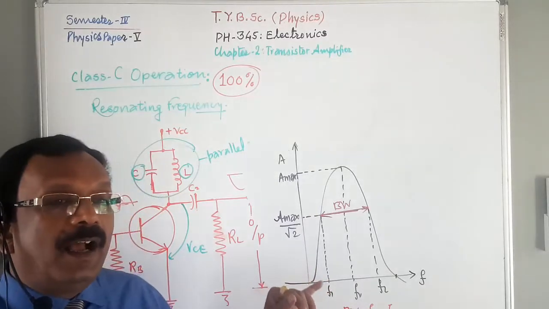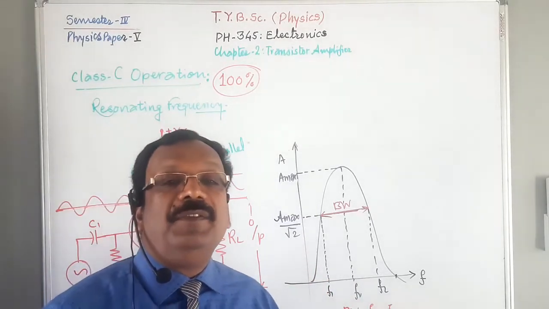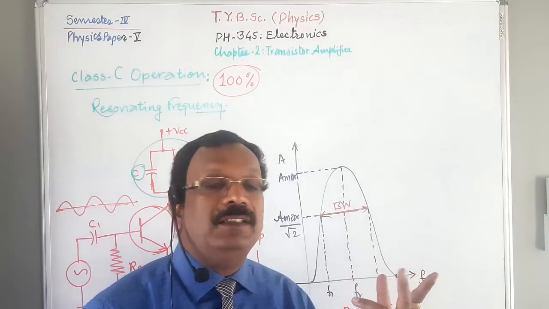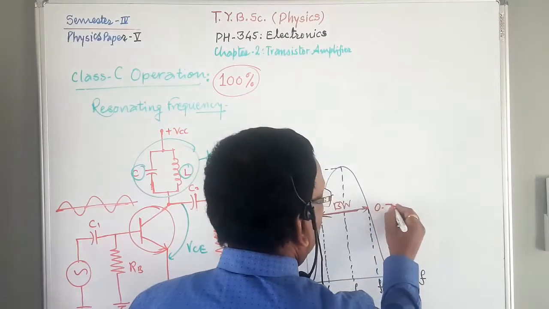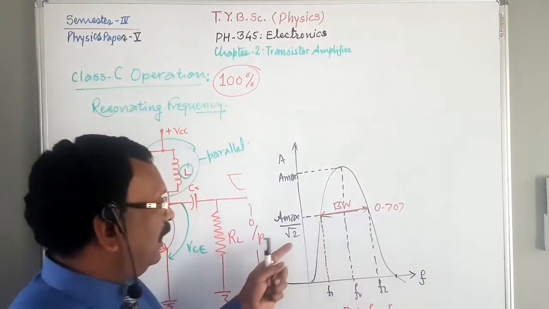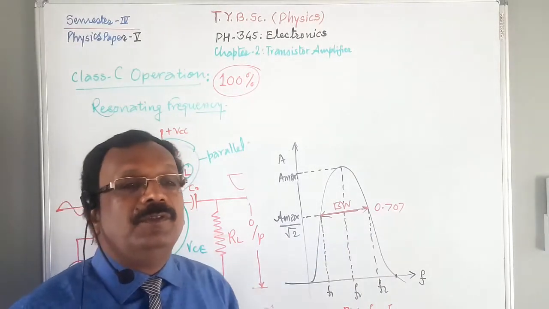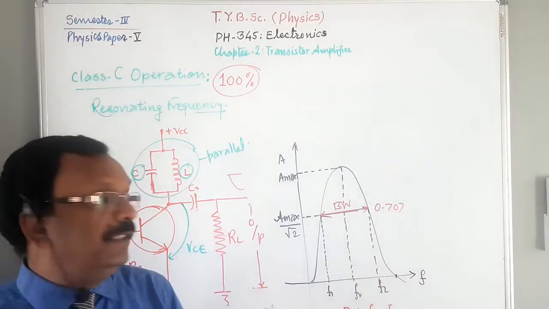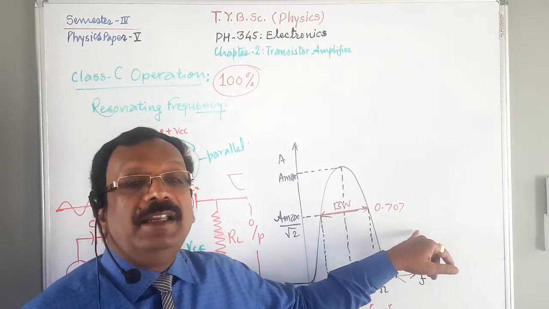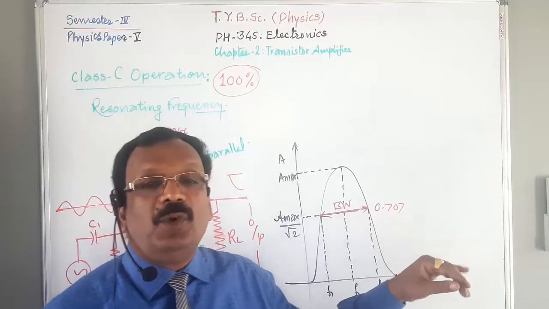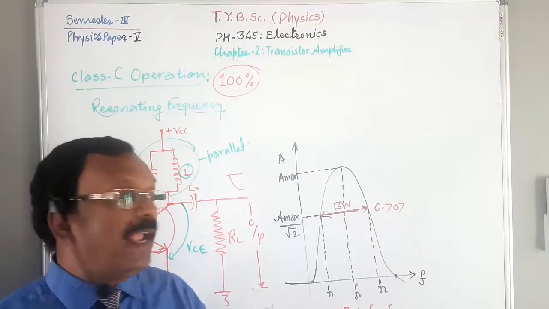Remember that half power frequencies are identical to the frequencies at which voltage gain is 0.707 times the maximum gain.